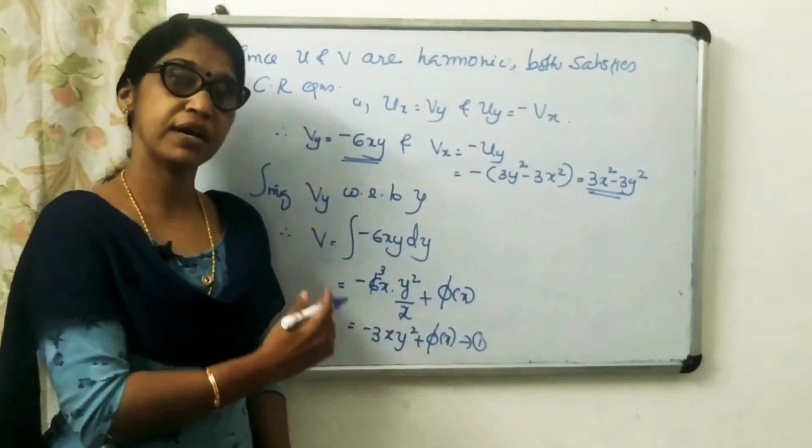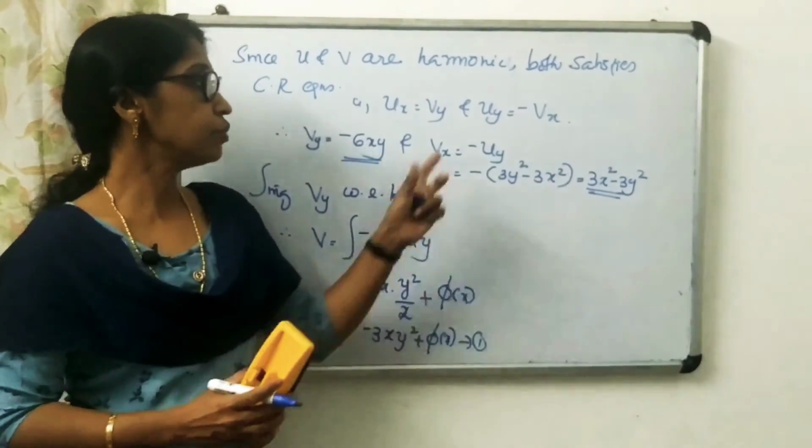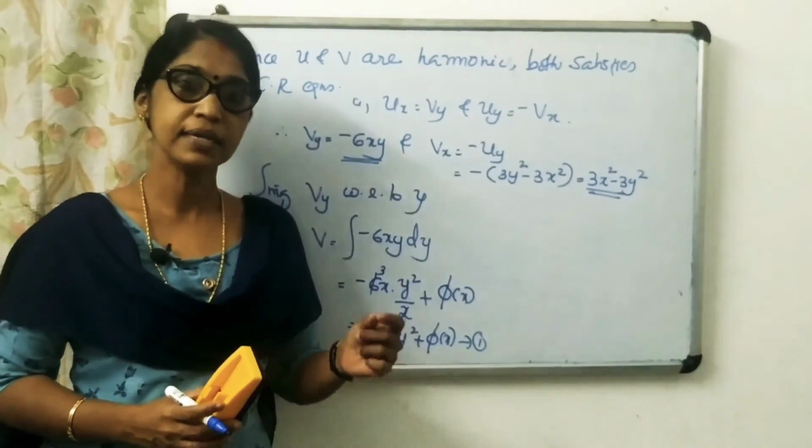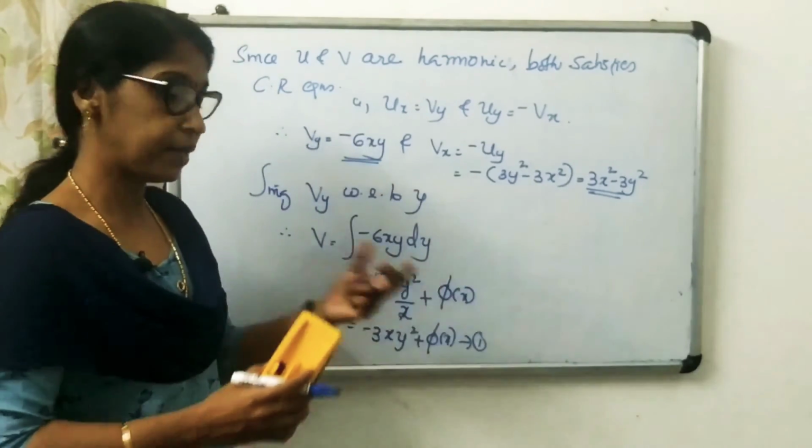So we get one v from vy. Now I am going to integrate vx with respect to x to get another v.